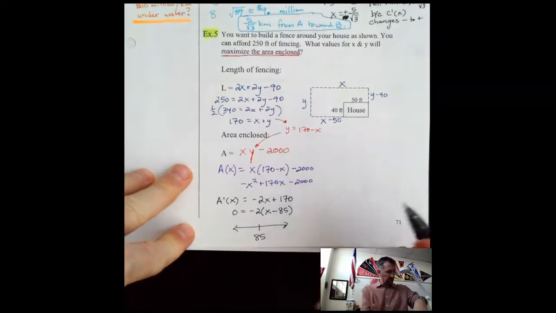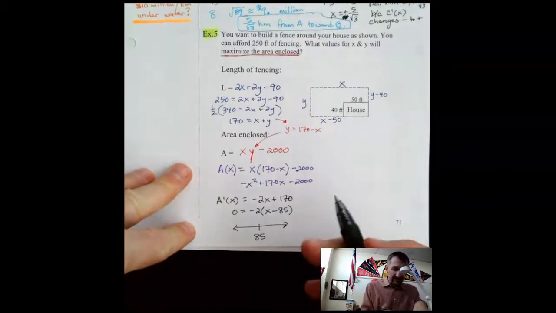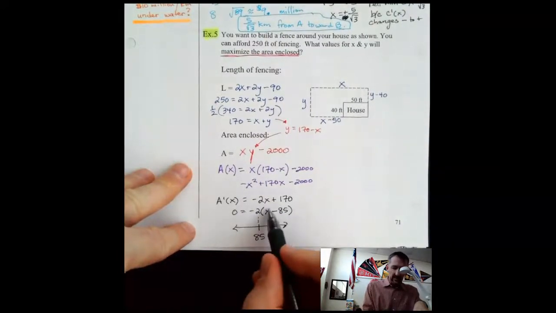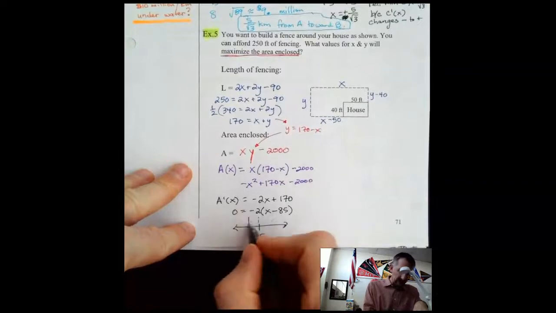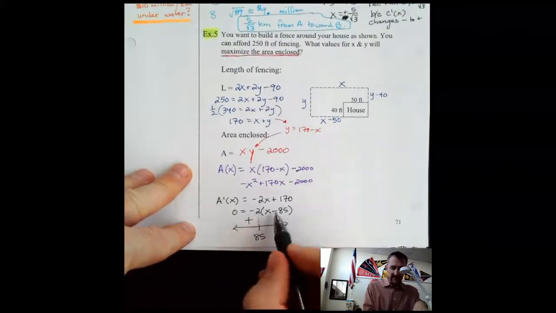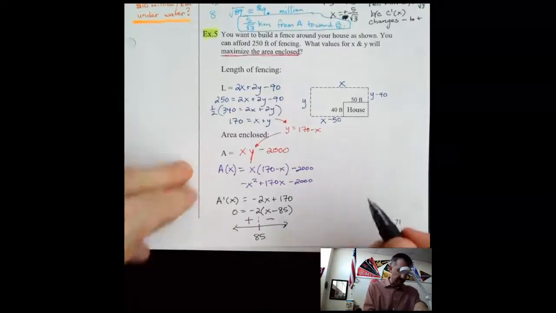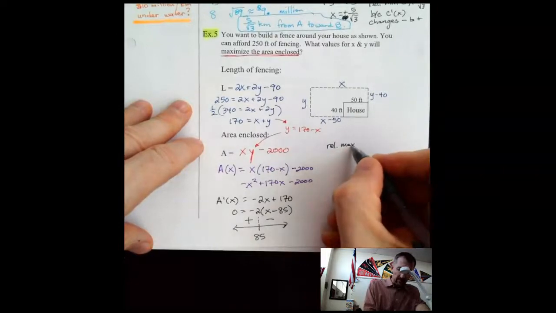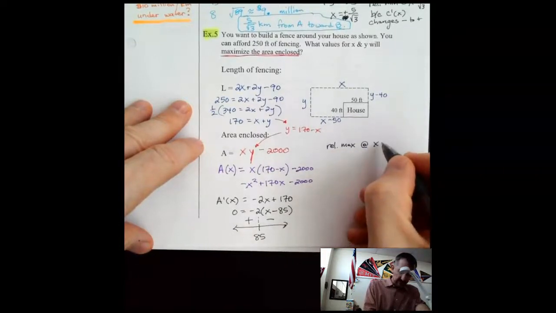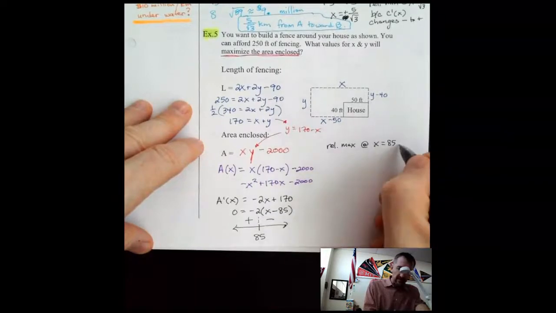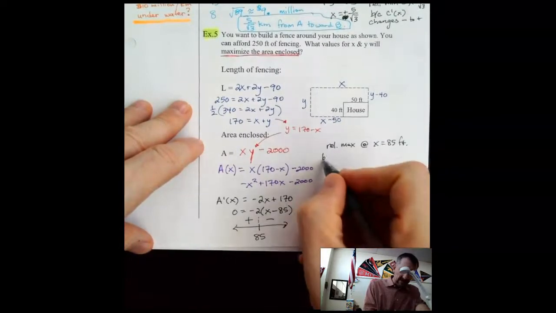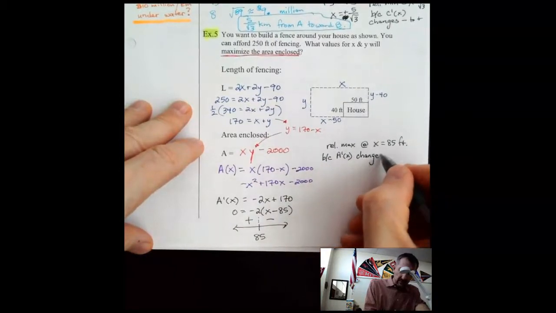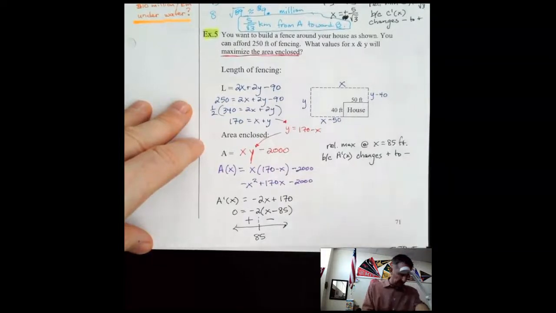And again, I didn't really talk about the domain and the range. So if we do a test point here, we plug in 80, that's going to be a negative, so a negative times a negative is a positive. If we plug in 90, it's going to be a negative times a positive, that's negative. Okay, so we have a relative maximum at x equals 85 feet because a prime of x changes from positive to negative.